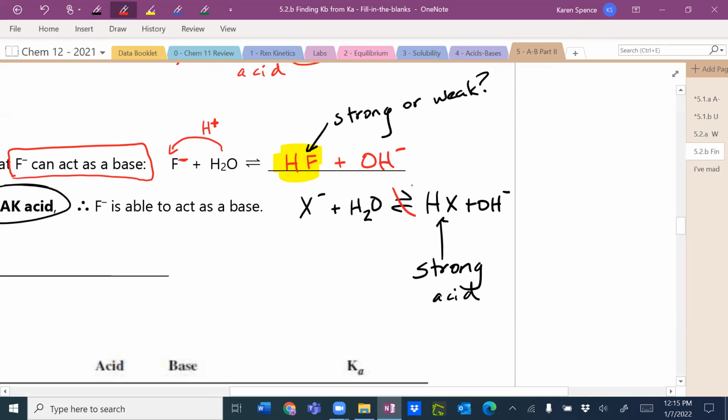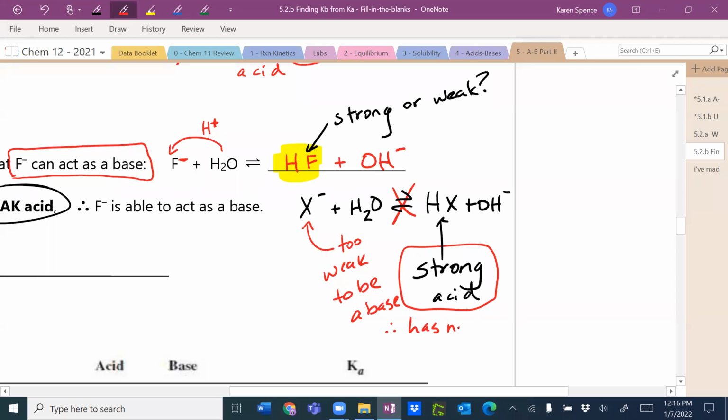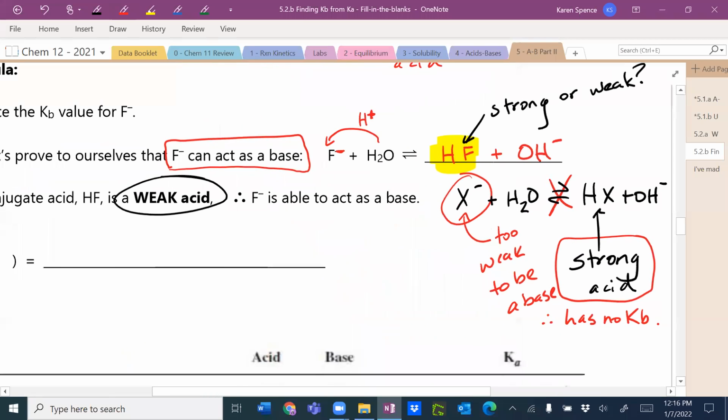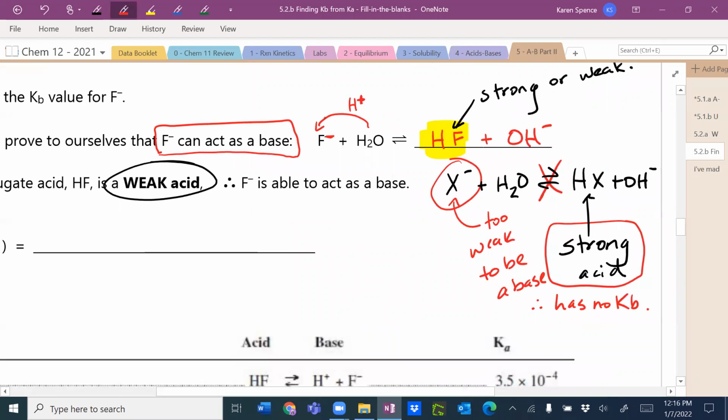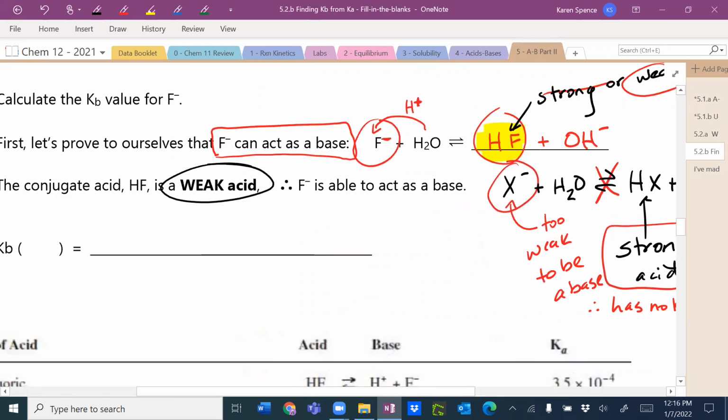We should say no. If this is a strong acid, then this guy, remember, is too weak to be a base, and therefore it would have no Kb. If the conjugate acid is strong, then that conjugate base is too weak to be a base, and it has no Kb. But we have a base which is weak, and also its conjugate acid is weak. So it's not strong, it is weak.